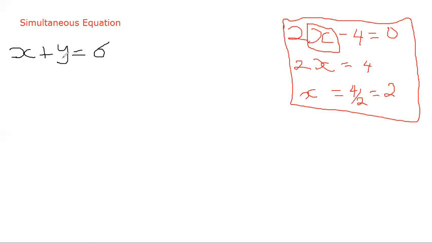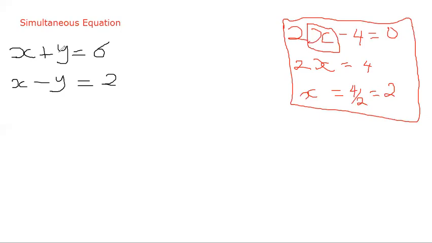Now, the only way we can find the value for x and y is to write another equation. For example, x minus y is equal to 2. Remember I said we have two unknowns.